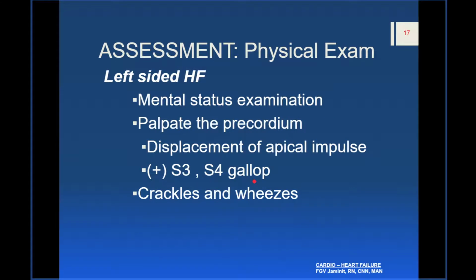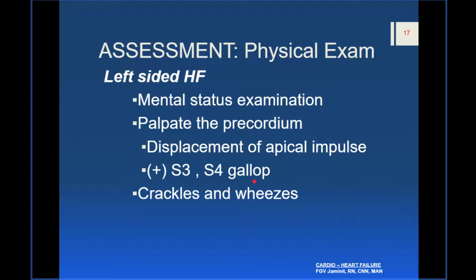Again, for the left side heart failure physical examination, check for the mental status. So there could be confusion of the patient. Palpate the precordium. So if you would be observing, there can be displacement of the apical impulse. Take note when we say displacement, there is a deviation of the normal location of the apical impulse.